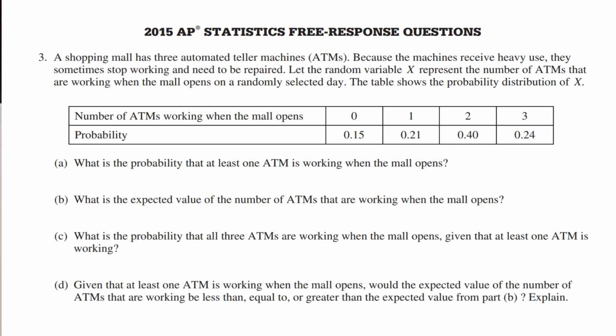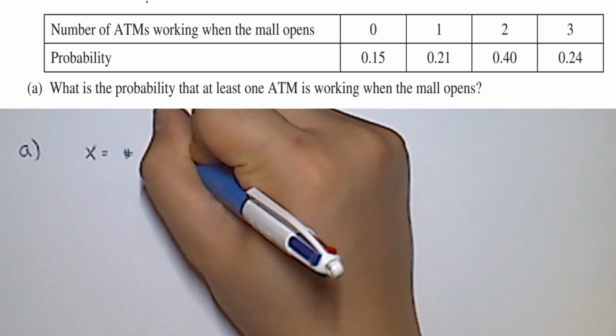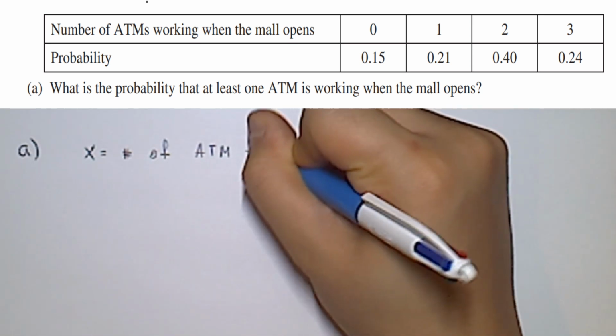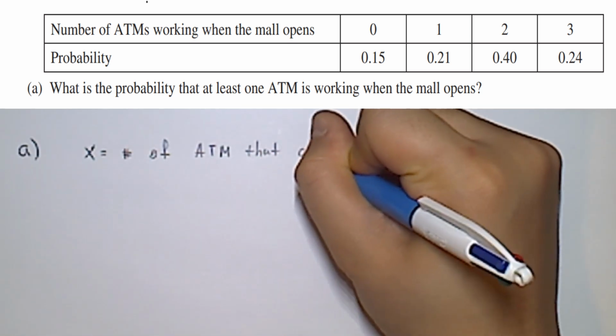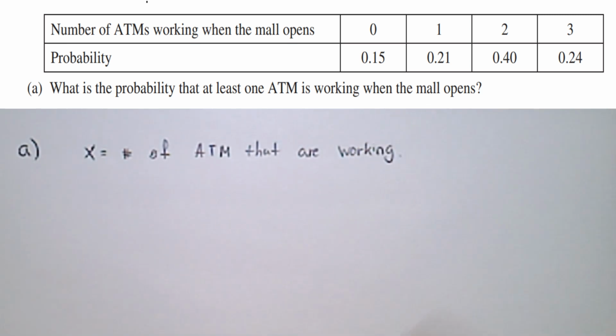Part A. What is the probability that at least one ATM is working when the mall opens? We said that x was equal to the number of ATMs that are working. So that was given to us.